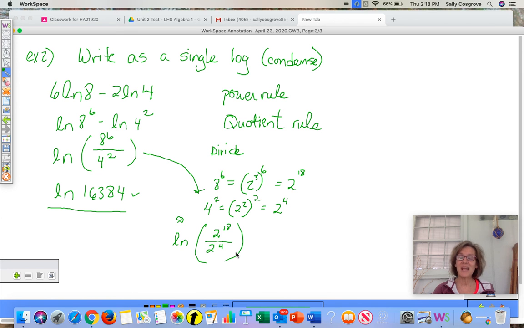Oh, that's pretty handy, because look, my bases are the same. I'm dividing so I can subtract my exponents. So now we're going to use the quotient rule, this time the exponent quotient rule. And now I have the natural log of 2.